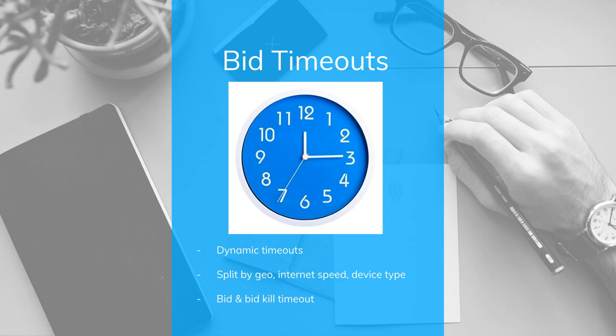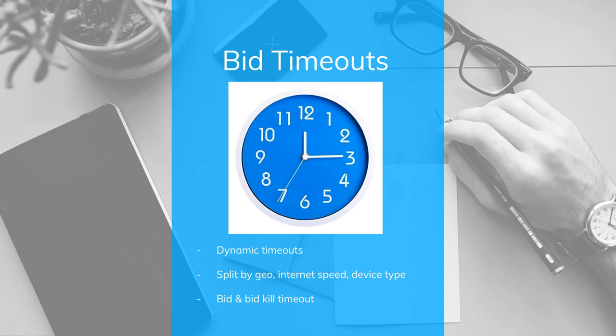So for example, a timeout that's running for, say, Canada versus one in Botswana, it's going to be a lot different because you tend to get different internet speeds. So there's the actual internet speed itself, fiber optic versus dial-up. You're going to want to run different timeouts for that user. And of course, the device type, mobile versus desktop.